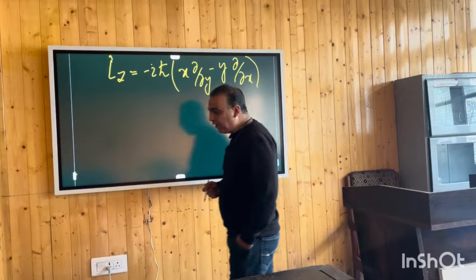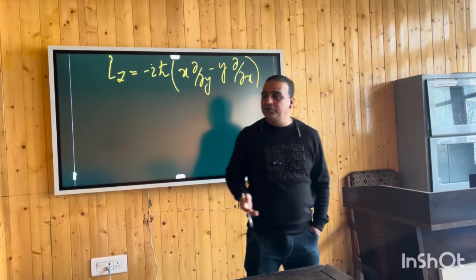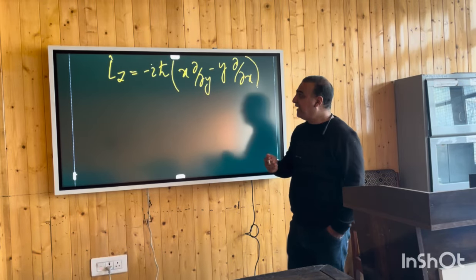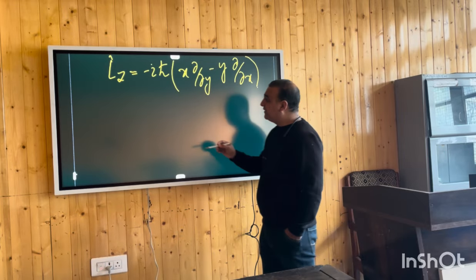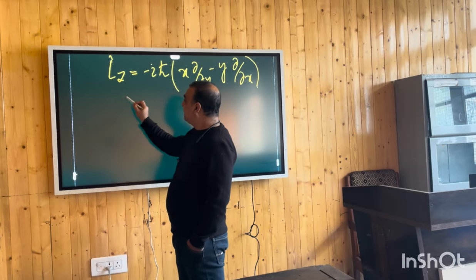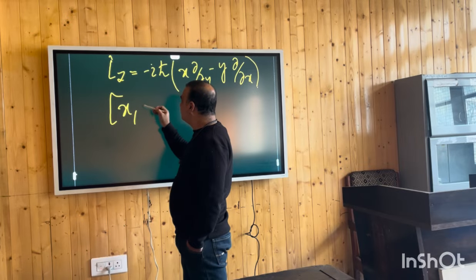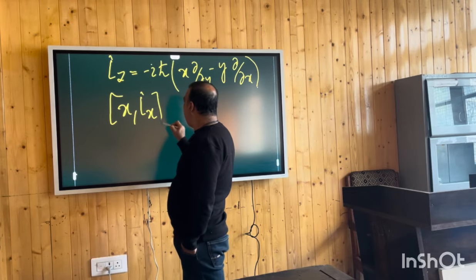Now, what we want at this point of time is we want to obtain the commutation relation between, say, the position and the angular momentum along x. Let's take the first exercise, that I would like to calculate the commutation relation between position x and the angular momentum along x.